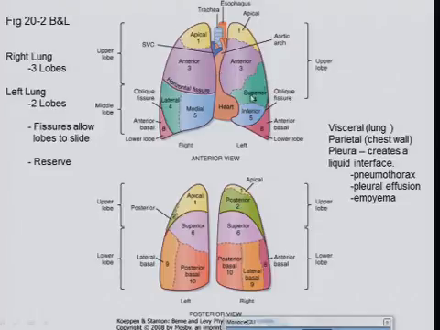Also, an important clinical aspect of the division of these lobes is that if you have injury or disease in part of your lung, this allows them medically to remove part of your lung more easily. They can go in and remove either an injured part of your lung or a diseased part of your lung without affecting the rest of your lung.